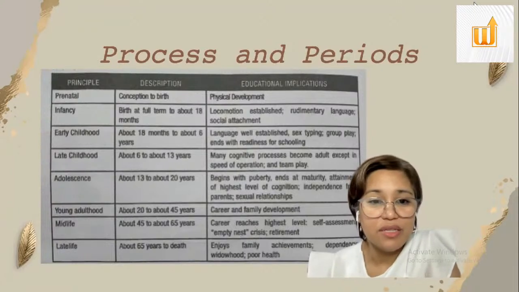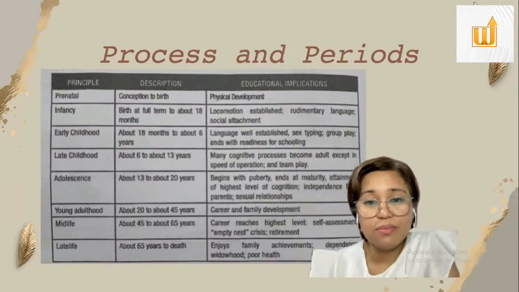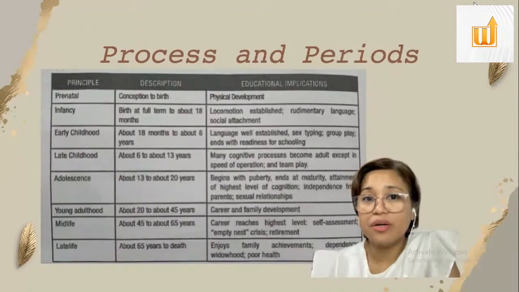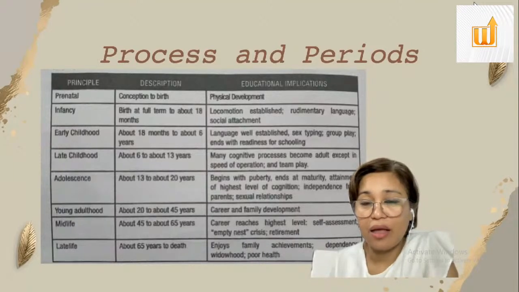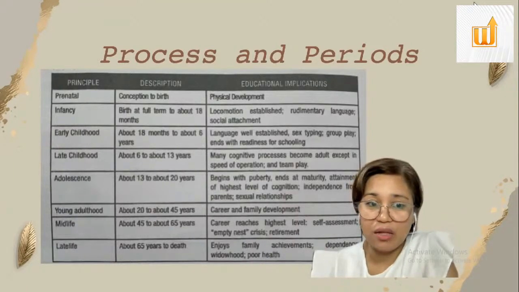And then in infancy, birth at full term to about 18 months being an infant. So, what are the social attachment issues that the child has, or the locomotor skills being established, and the rudimentary languages, the basic languages of the child.